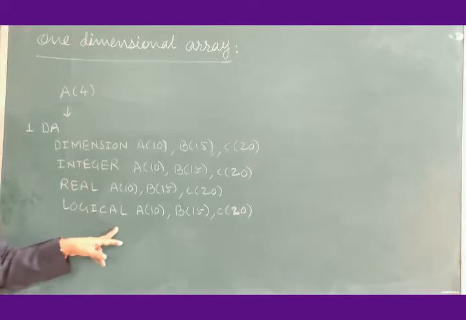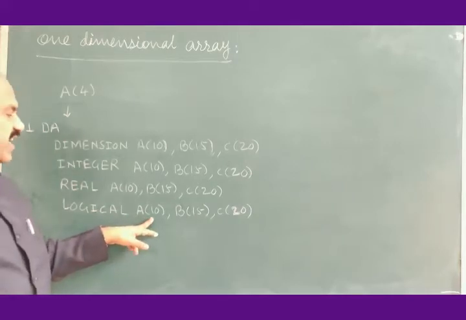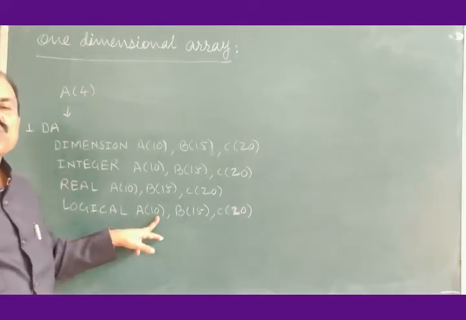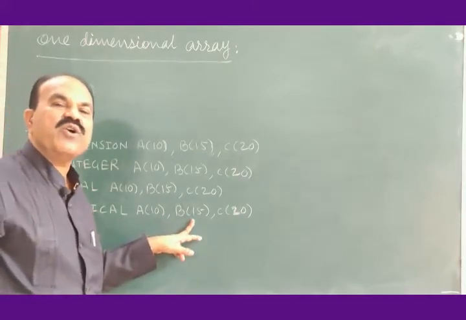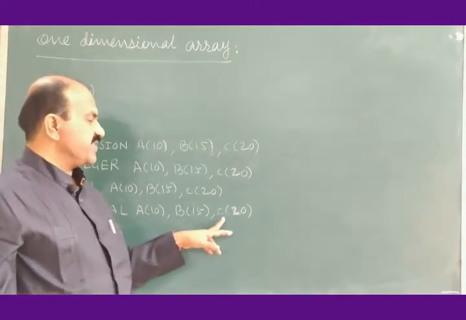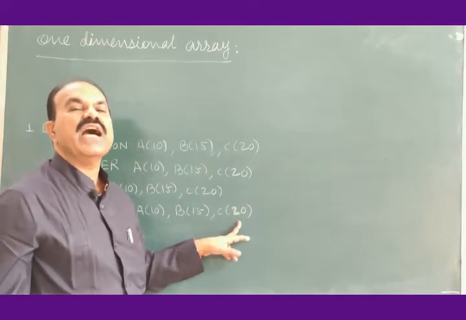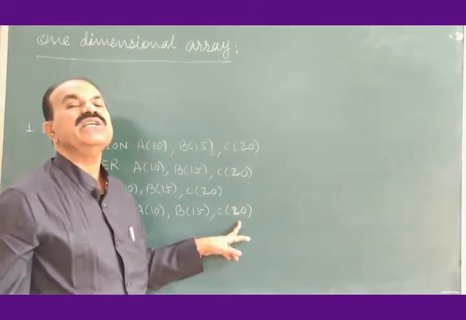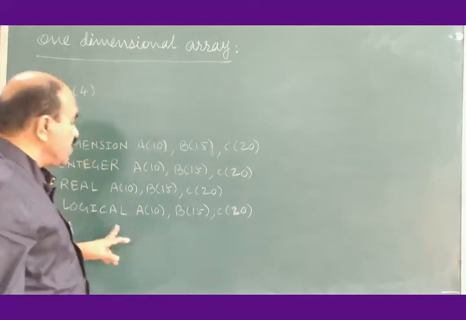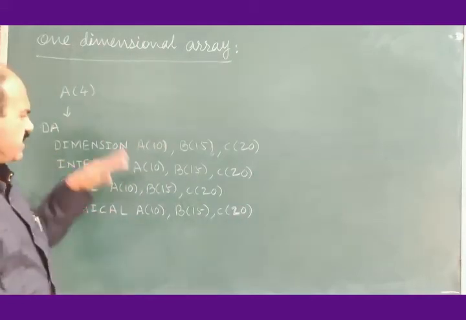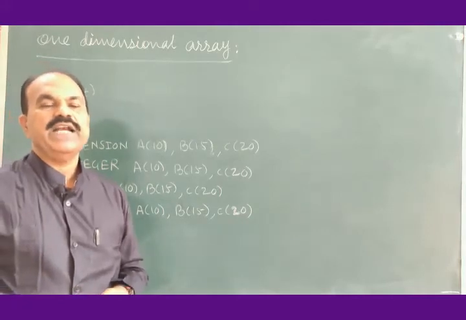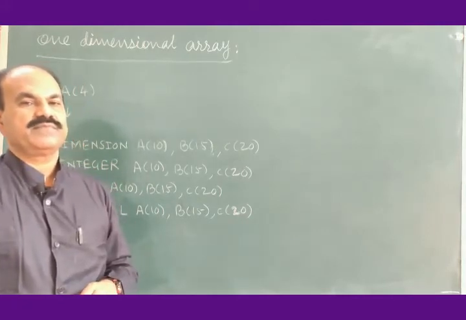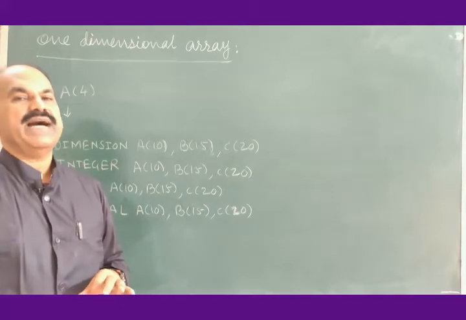Logical: 10 logical elements, 15 logical elements, 20 logical elements. These are different ways which can be used for defining the one-dimensional arrays.